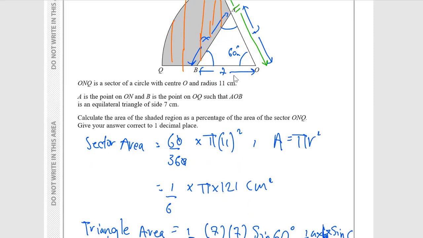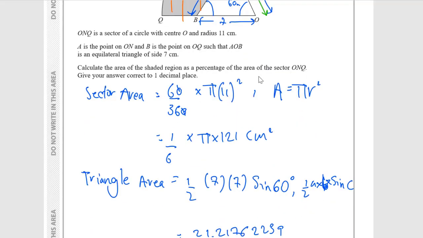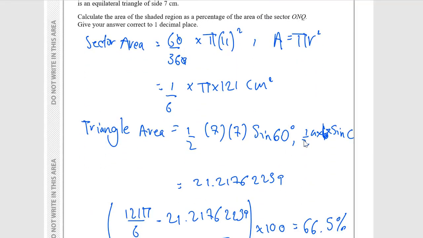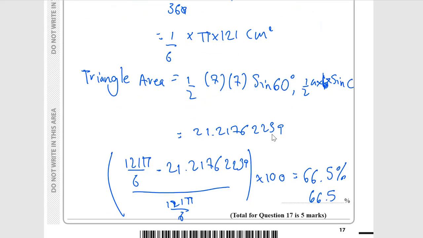And then you want to find the area of this triangle to subtract from it. So remember, we have half times A times B times sine C, which is triangle area. Substitute in all those values, find that area, and then you just subtract the triangle area from the sector area, over the sector area, times by 100 to find the percentage, 66.5%.